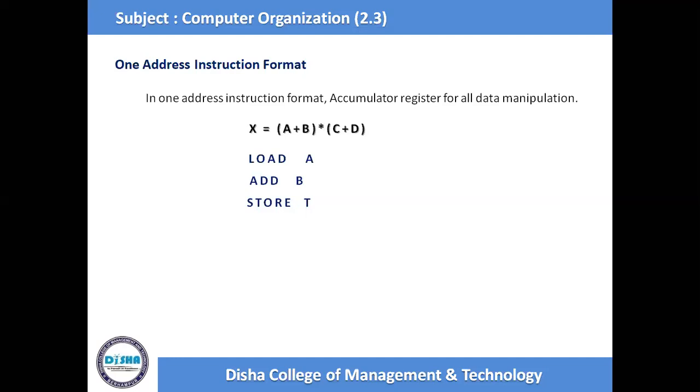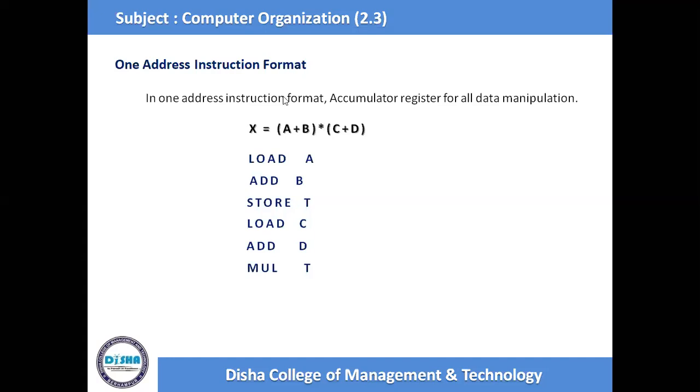After that we again load C to perform the C plus D operation. In the same way these two instructions work, that is load C, it will load the content of C into the accumulator, then add D. So the content of the accumulator plus the content of D will be added together and stored in the accumulator.